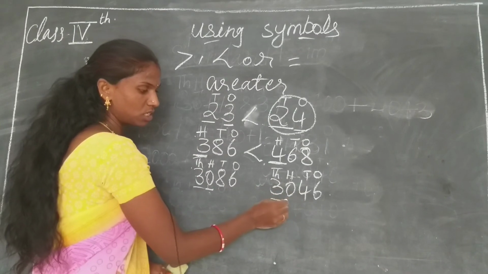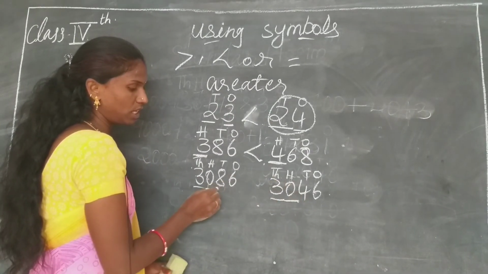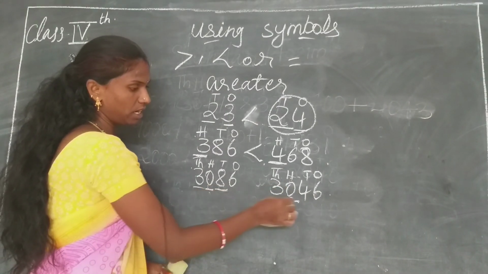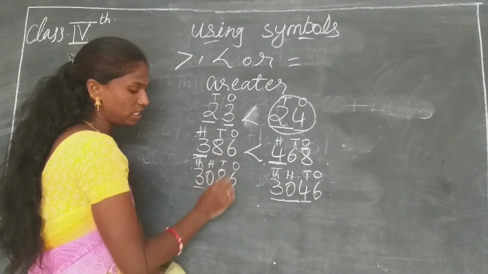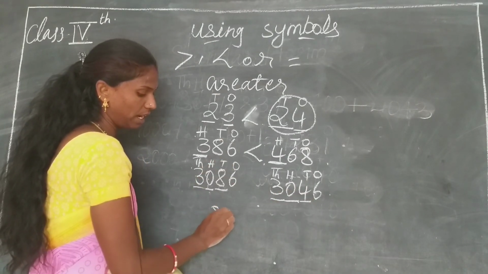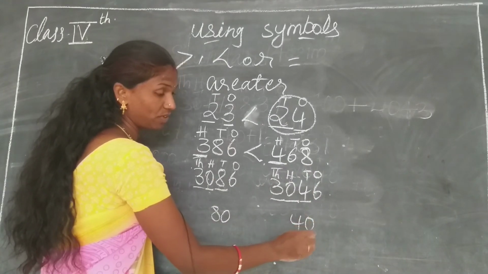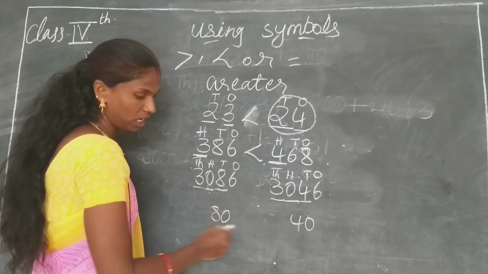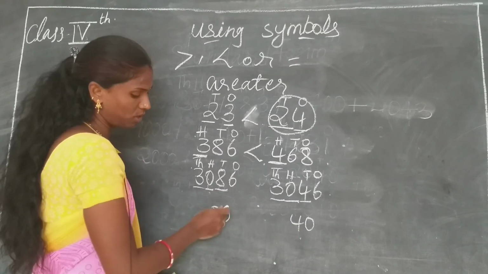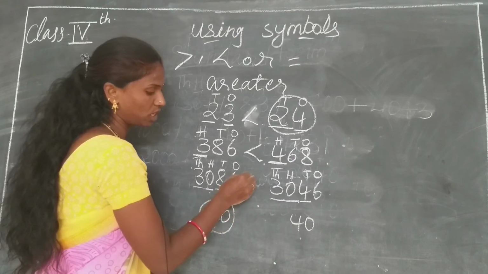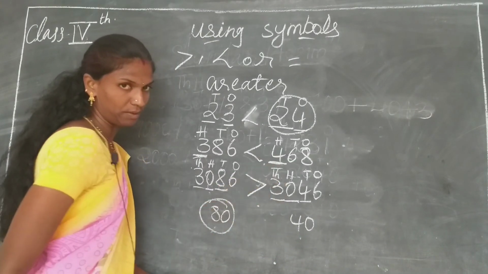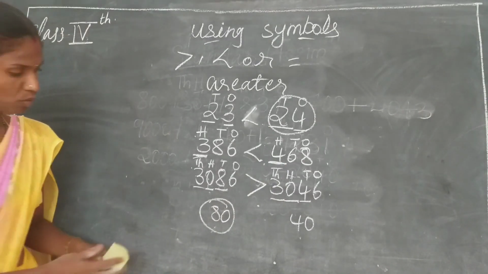Here also 0 is there. Now see the tens place. Here 8 is there. Here 4 is there. 8 in tens place, so the value is 80. 4 in tens place, the value is 40. Which one is greater, 80 or 40? Obviously 80 is greater. So we have to put the sign this side. Okay. Now we will take one more example.